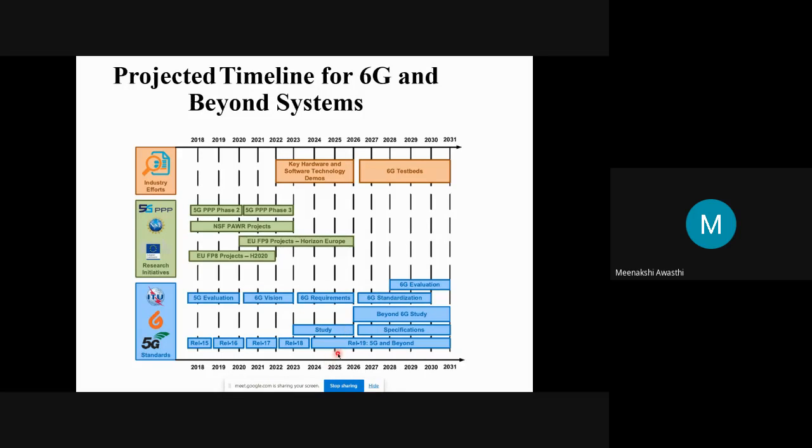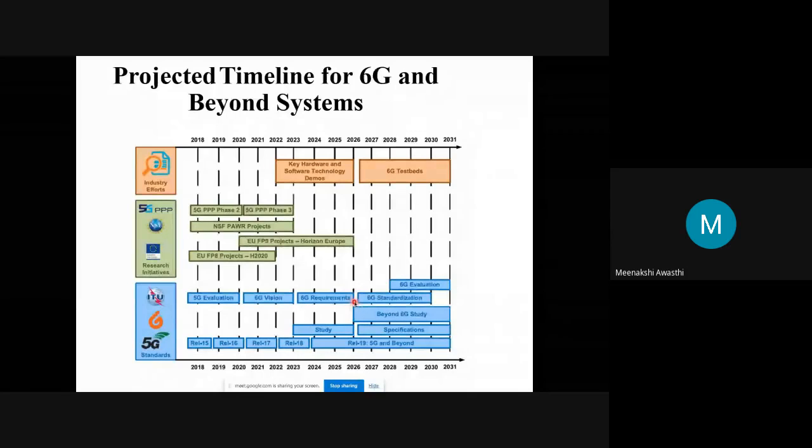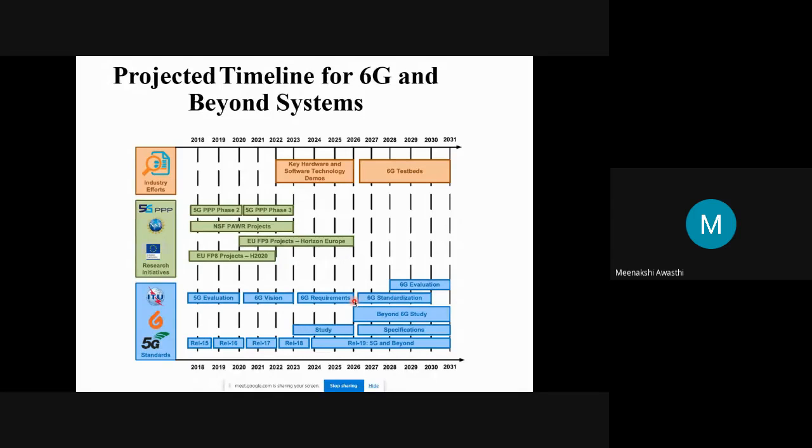So by the end of 2025, 6G requirements will be over, and then by the starting of 2026, we'll be having the 6G standardization. Okay, 6G standardization will be starting from the end of 2026 or maybe the start of 2027.